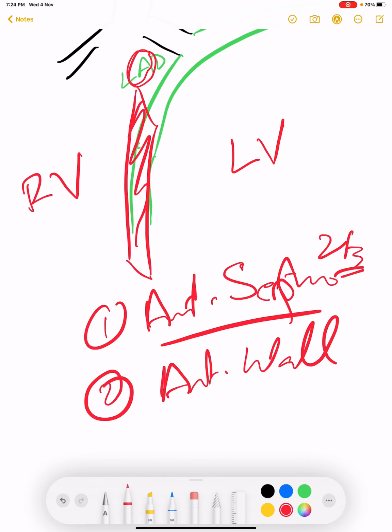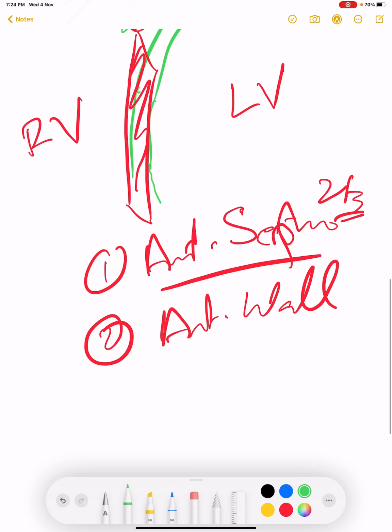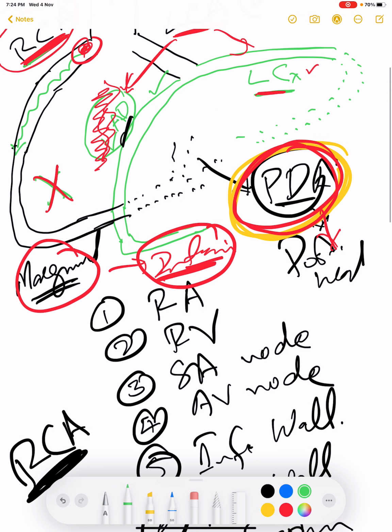And as I told you, sometimes it will continue, not always, only in 10% of the cases, along the inferior border of the heart, just like right coronary artery continues on the inferior border.